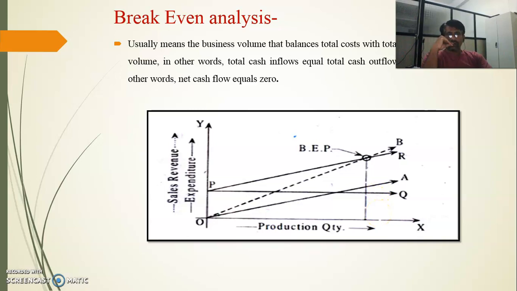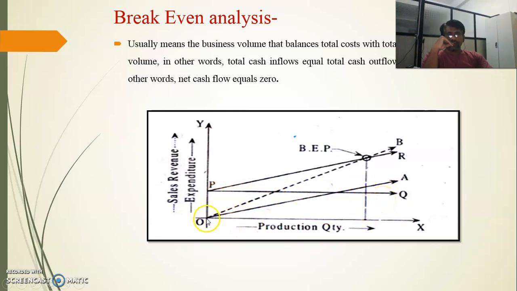The fixed cost, like the cost of plant and machinery, is not going to change even though the production quantity changes. So the fixed cost is represented by line PQ.